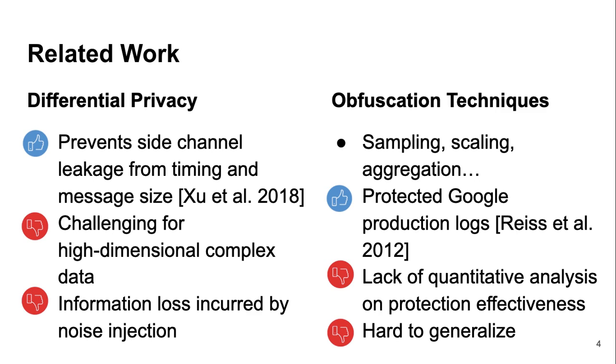Compared to differential privacy, empirical obfuscation such as sampling, scaling, and aggregation are more applicable to high-dimensional complex data. For example, they have been shown to be effective in protecting Google production logs. However, these empirical methods suffer from a lack of quantitative analysis on protection effectiveness, making them hard to generalize to new applications and scenarios.